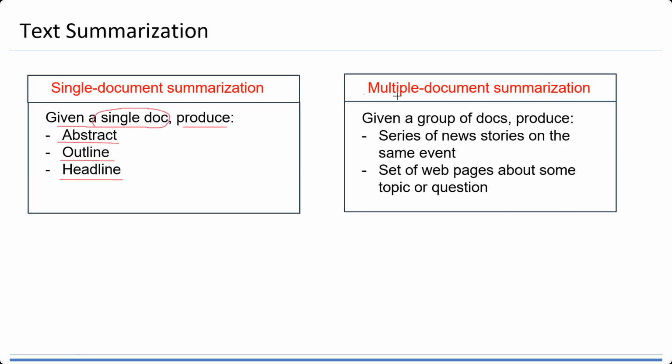If we have multiple document summarization, even a group of documents, so we have multiple documents and produce a series of news stories on the same event. Or we can have a set of web pages about some topic or question.